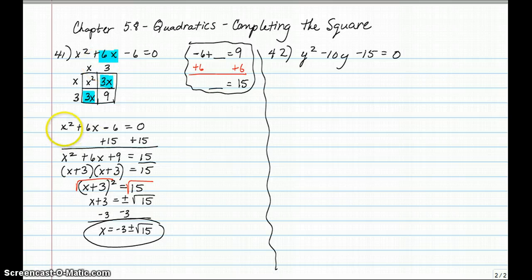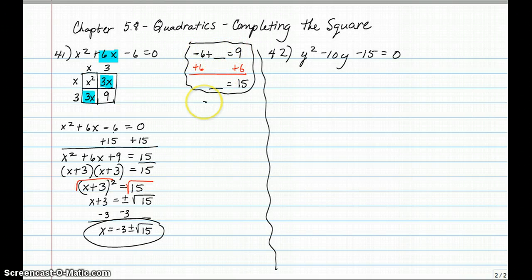So here's what you started with. x squared plus 6x minus 6 equals 0. You needed to get to a value of 9, because this is a perfect square trinomial, so you need to get to x squared plus 6x plus 9. So to get from minus 6 to plus 9, you say negative 6 plus what number will equal 9?